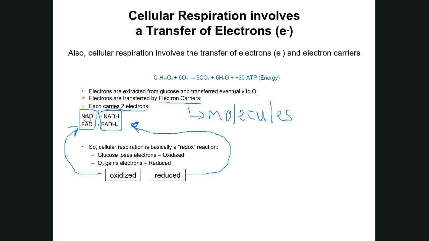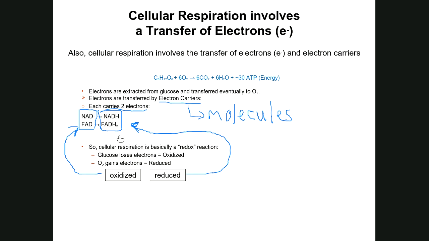So when I write the electron carriers this way, I'm telling you they're oxidized. They've lost, or are not carrying, 2 electrons. But I said O2 is the final electron acceptor. Sometimes they'll say at the end of electron transport, O2 is reduced. What they mean is O2 has gained electrons. More generally, whenever any molecule gains electrons, we say it is reduced.